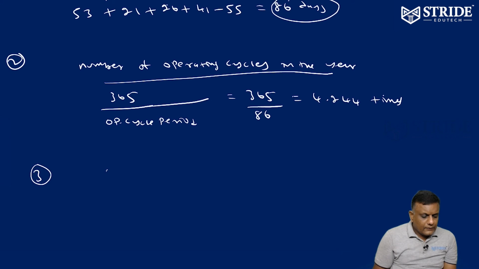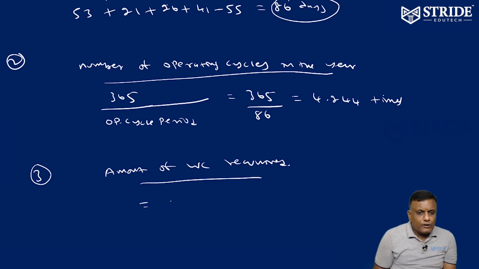Number 3, amount of working capital required. Amount of working capital required is equivalent to annual operating cost, which is given, divided by number of operating cycles.